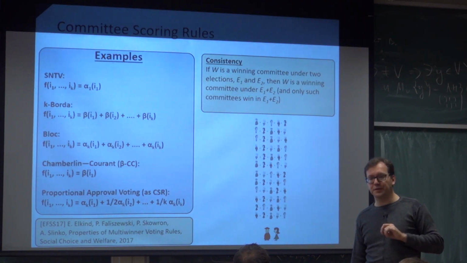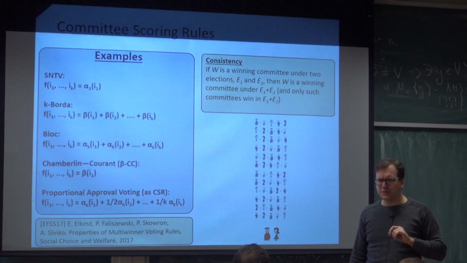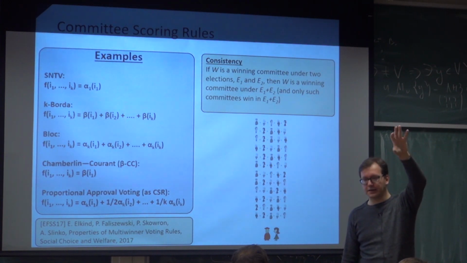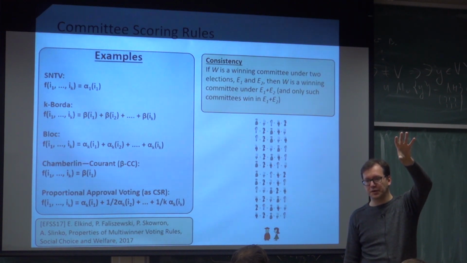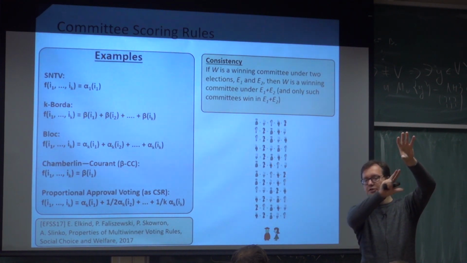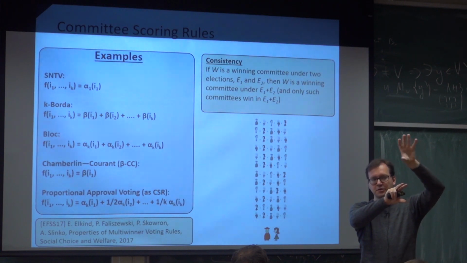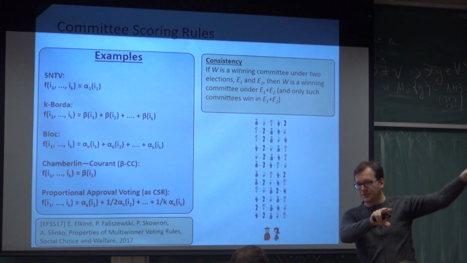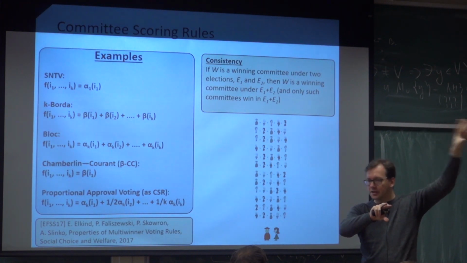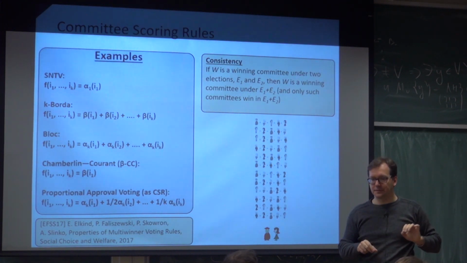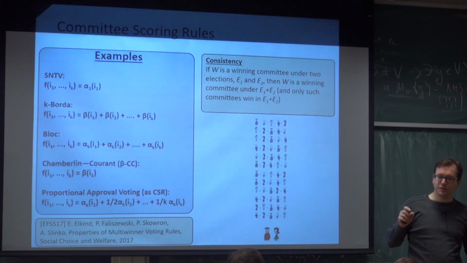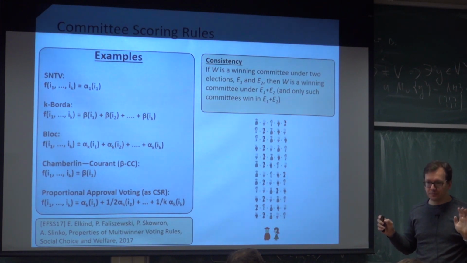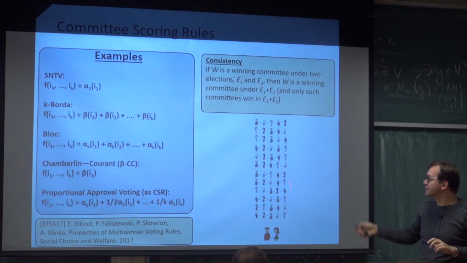And the rule has to have what's sometimes called Archimedean property, which means if you have one election where a given committee is winning, and you have another election where a different committee is winning, so if you take them together and you clone one of them sufficient number of times, then eventually the winners of the cloned one win. So essentially, neutrality and anonymity say this is a basic requirement for a fair rule. Consistency is this kind of defining feature.